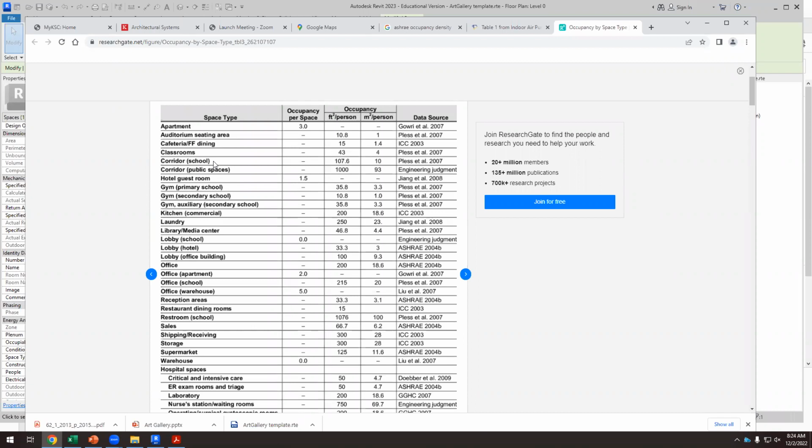Here, in one of these lobbies, we had like 30, 45. Anyway, let's say 30.